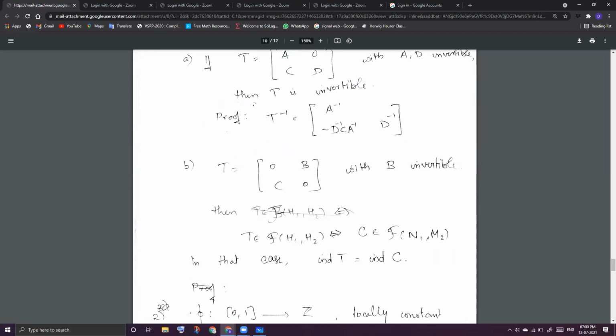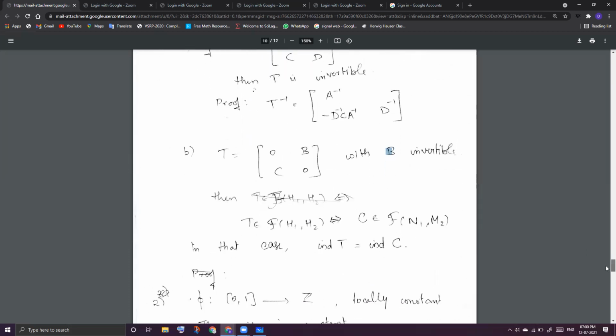And in the case that these are Fredholm operators, then index of T is equal to index of C. The proof is similar to the one we did before. Instead of it being on the diagonal elements, we have to just do it for this one.